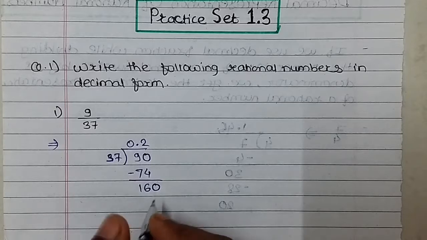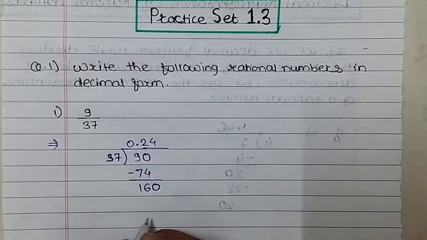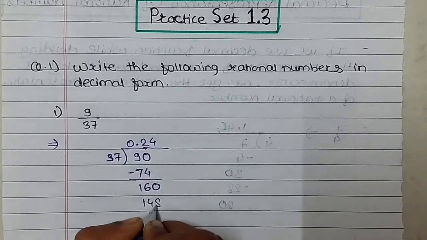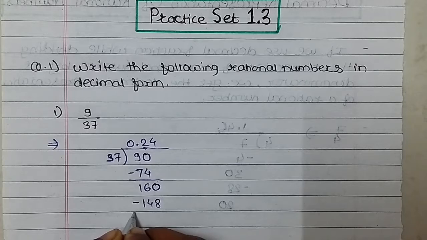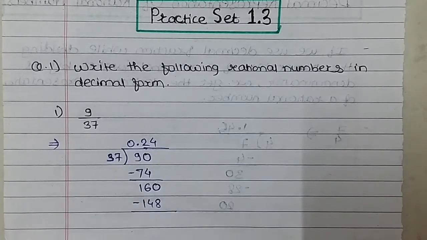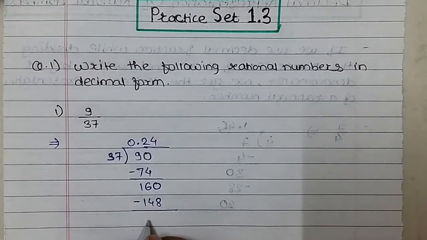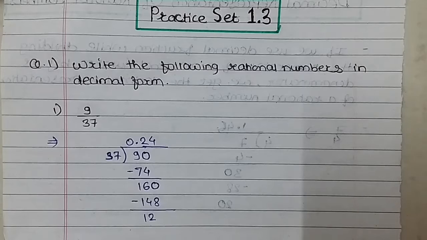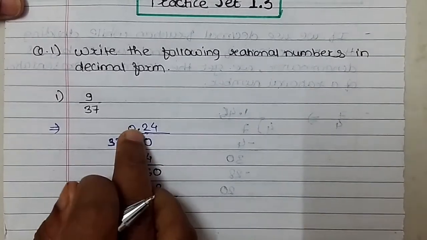Now 37 fours are, what is your answer? 37 fours are 148. We subtract 148 from 160. Then what is your result? That is 12. Then you add 0 here because after the point there is 0.